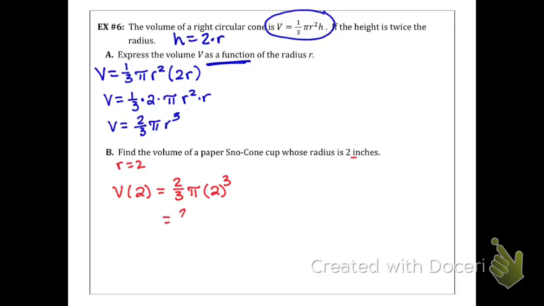So it's 2/3 pi times 8. So 16/3 pi, if I want exact, and this would be inches cubed. And if I wanted approximate, I could throw that in my calculator, and it should tell me 16.755 inches cubed.